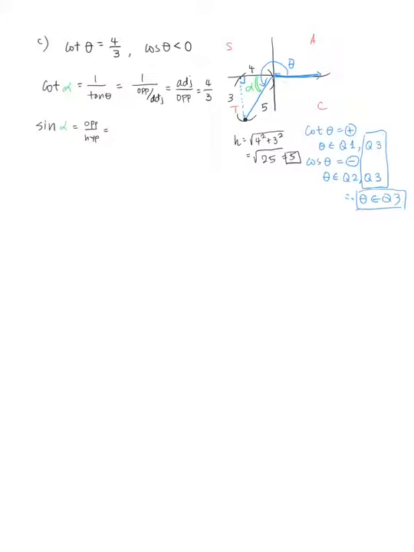The opposite side of that triangle, the angle alpha, is 3, hypotenuse is 5. Now let's determine what the sine of theta is going to be. In quadrant 3, sine is negative, so we're going to have negative 3/5 as sine of theta.